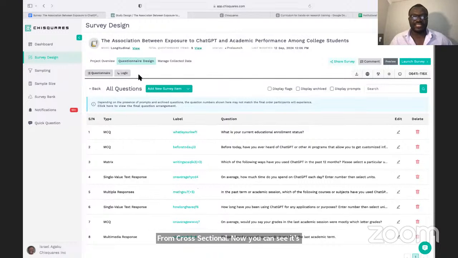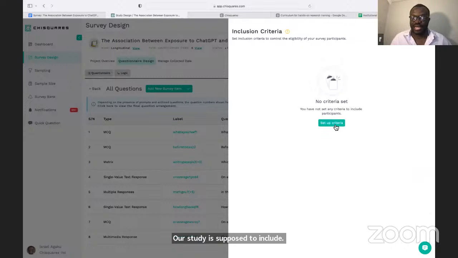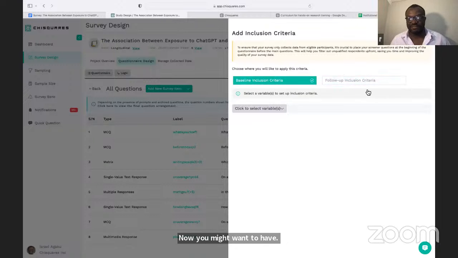So we can set other logic now. We can say, alrighty, our study is supposed to include only certain people. So let's go to inclusion criteria and set up that inclusion criteria. Now you might want to have a different set of inclusion criteria at baseline versus at follow-up, or you want to have no inclusion criteria, that anybody who is eligible can participate.